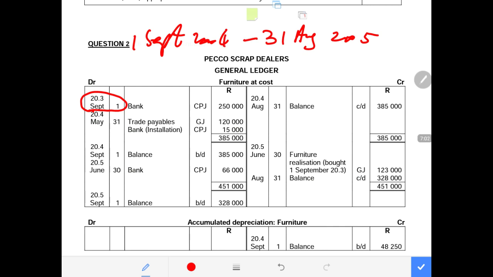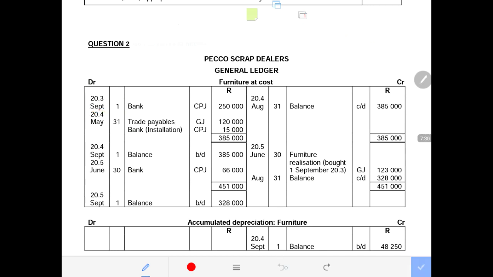That means the 1st of September 2003 is not within our current accounting period. It is before the 1st of September 2004, meaning it is the previous year. So we do have that opening balance, but it will not be useful for our calculations of depreciation, though it will help with some of the other calculations that we need.